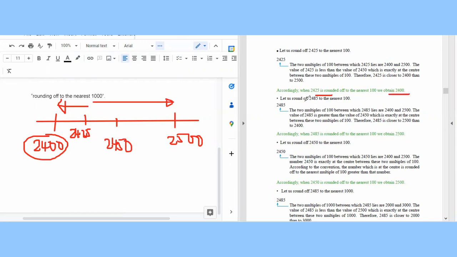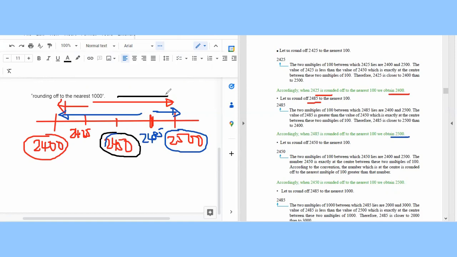Similarly, for 2485, it would be more than 2450. So therefore, 2485 is very much closer to 2500. So that will be the answer. Similarly, 2450 is exactly the middle, exactly the mid value.